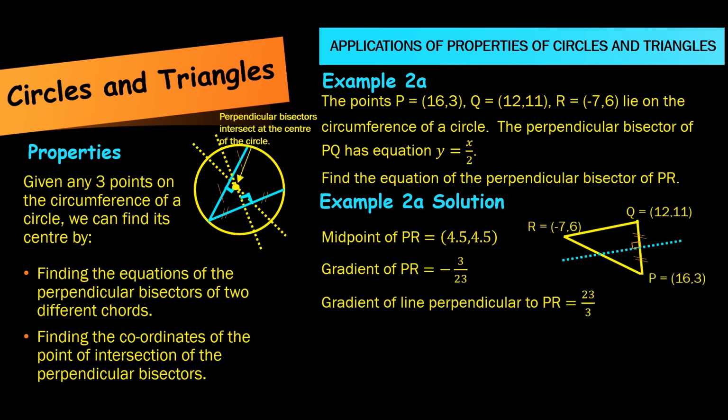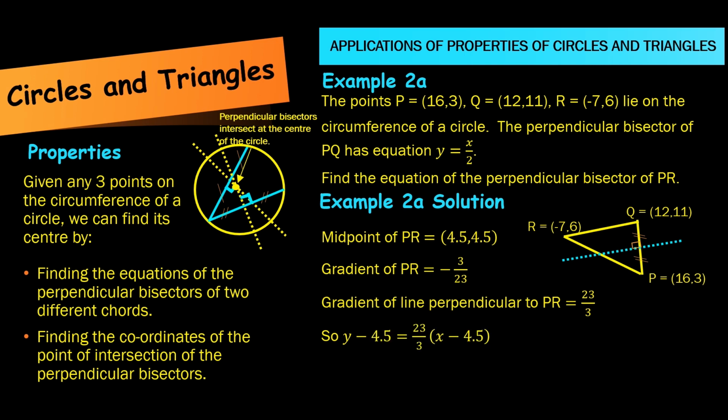So y minus y1 equals the gradient m times x minus x1 in our example implies that y minus 4.5 is equal to 23 over 3 times x minus 4.5, as shown.